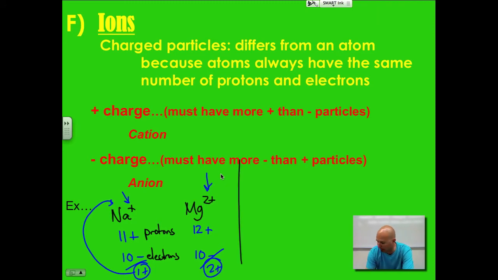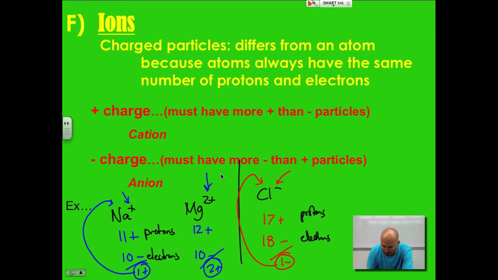Anions, if I give you a couple examples of anions, if I have Cl with a minus charge, again, if I were to look at protons and electrons, there are 17 protons in chlorine because it's chlorine. Chlorine has 17 protons, always has 17 protons. With a negative charge, we must have more electrons, more minuses than pluses, and so therefore we have that 1 minus charge as we see on chlorine.